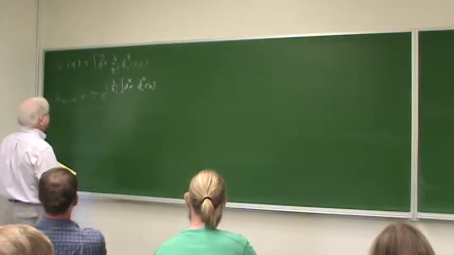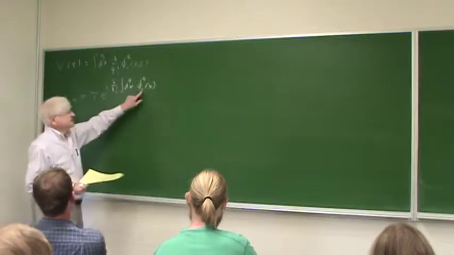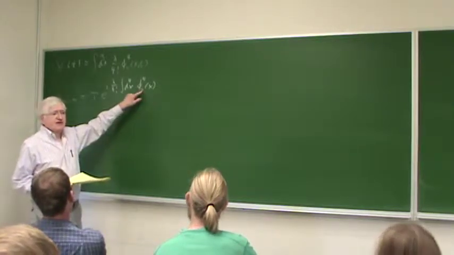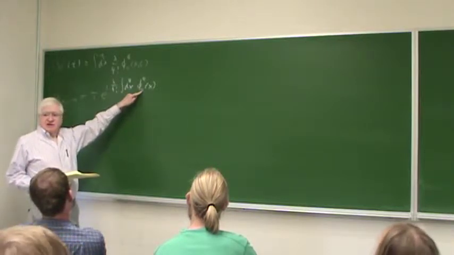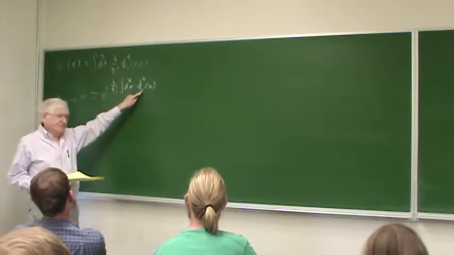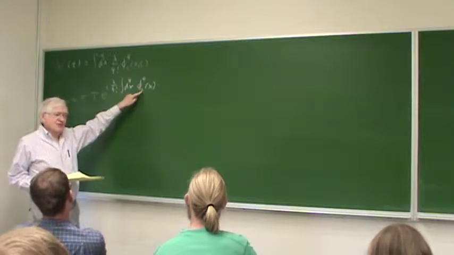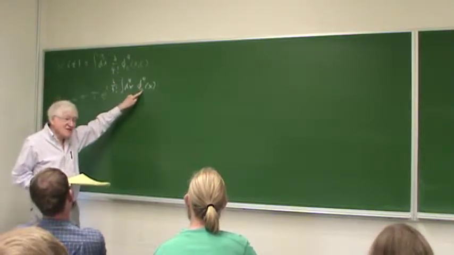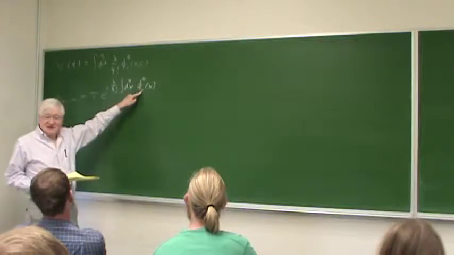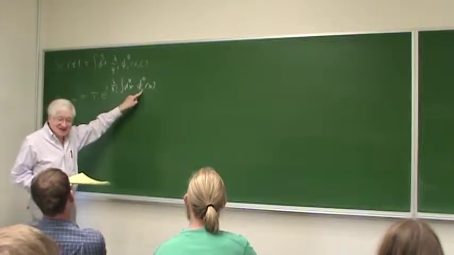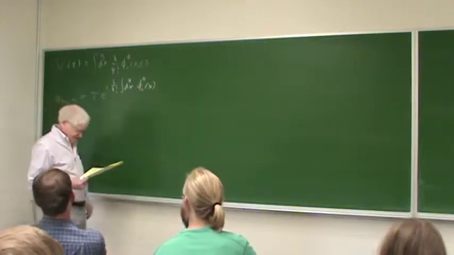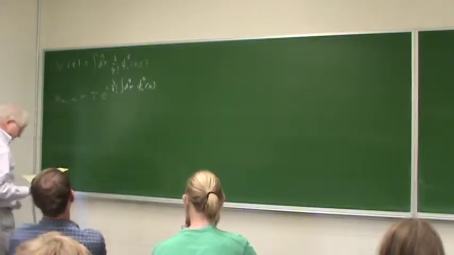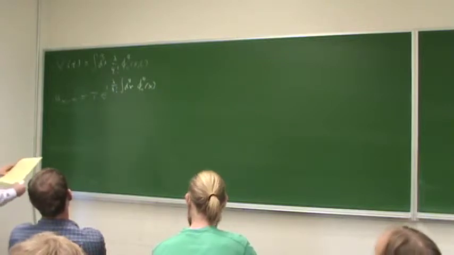Now, it's conventional to take this free field and to separate it into what used to be called the positive frequency part and the negative frequency part. The trouble with the positive frequency part is that it went as e to the minus i omega t, and the negative frequency part went as e to the plus i omega t. And Schwartz decided, probably wisely, to break with the tradition.